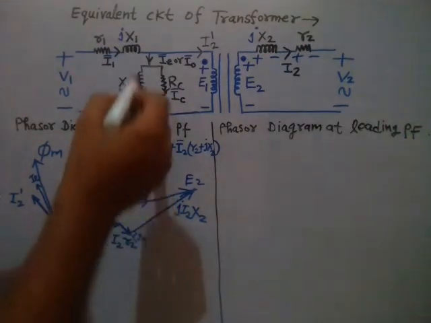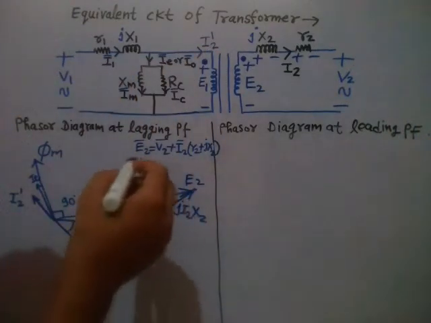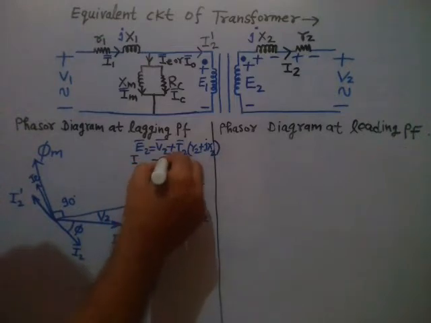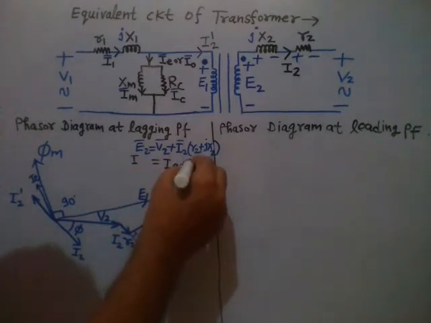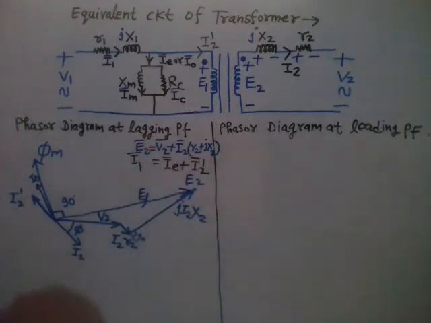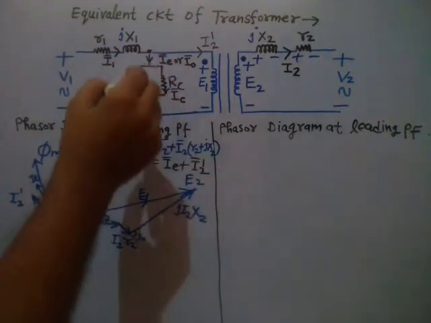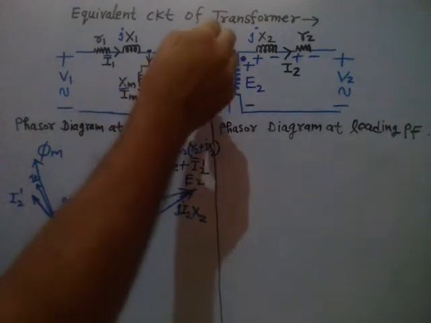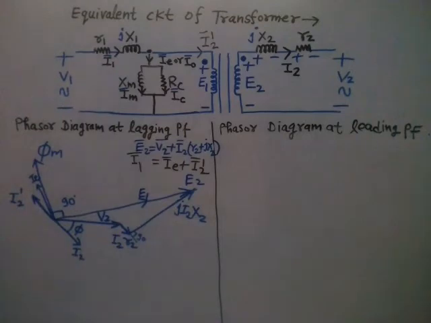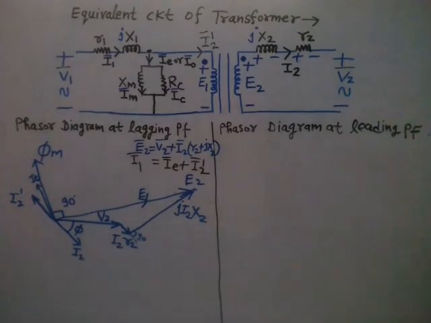Now you see the phasor sum of IE and I2 dash is basically I1. Even if you apply Kirchhoff's current law at this node, you will know that the phasor sum of I2 dash and IE is I1, right? All these are phasor values, needless to say, because we are dealing with AC, alternating currents.